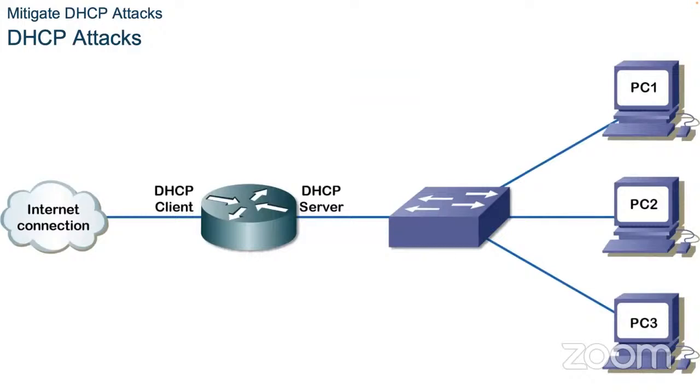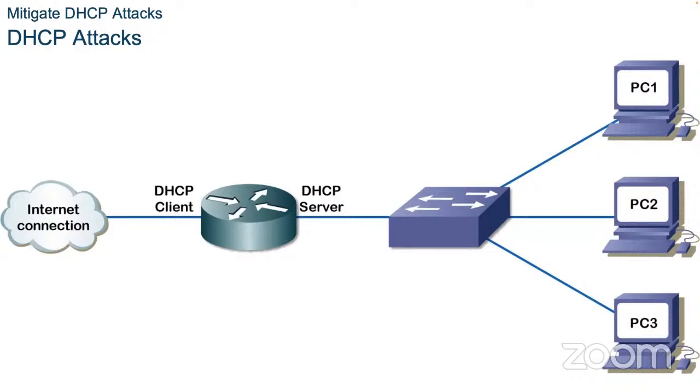For DHCP, we have two main attacks, starvation and spoofing. Starvation is basically a denial of service attack on a DHCP server.